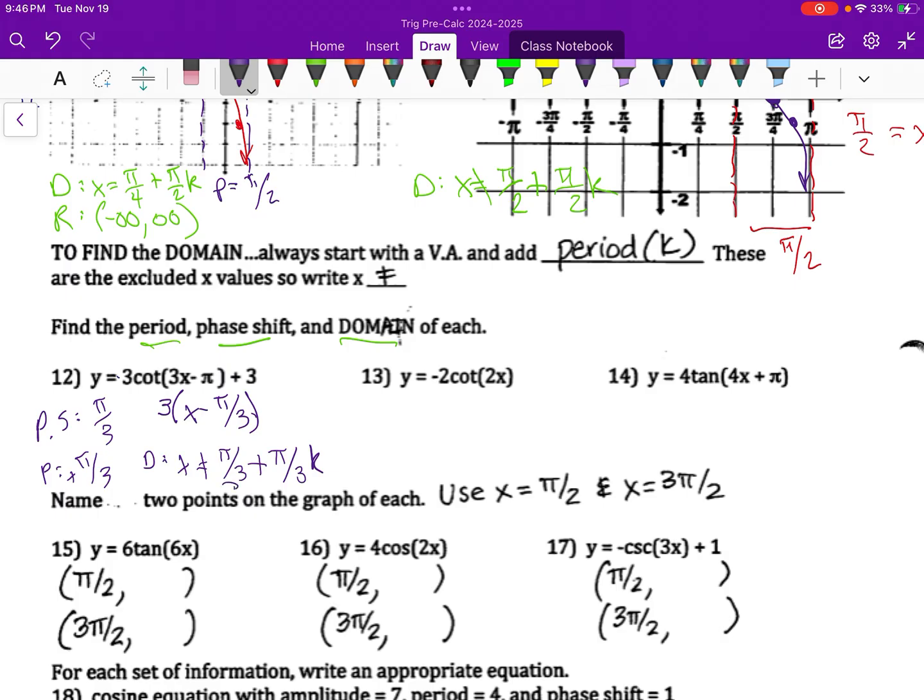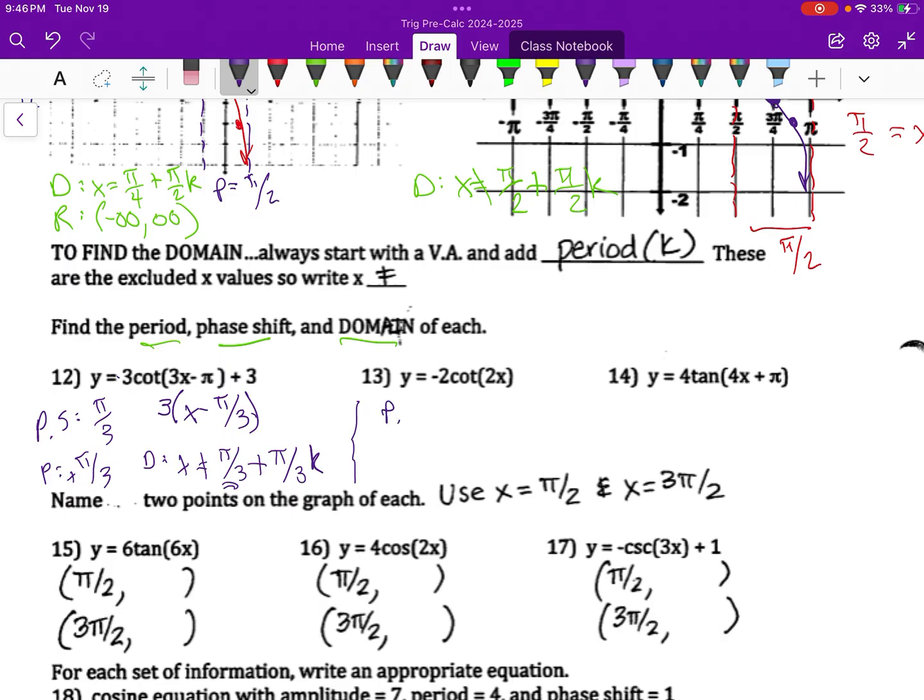And what I did right there is I thought about the cotan graph, and the part that's really being phase shifted is the leftmost asymptote. If you don't understand what I'm doing, draw yourself a cotan graph, and you'll see the part that lands on the y-axis happens to be the left asymptote, okay?